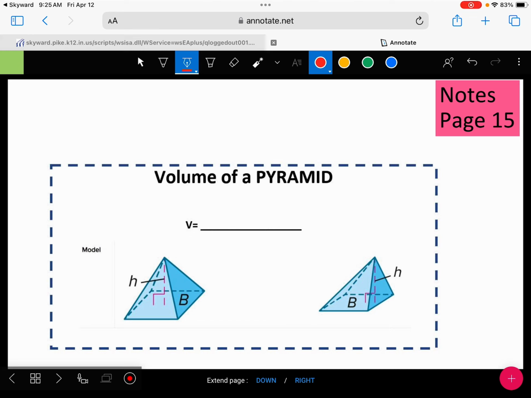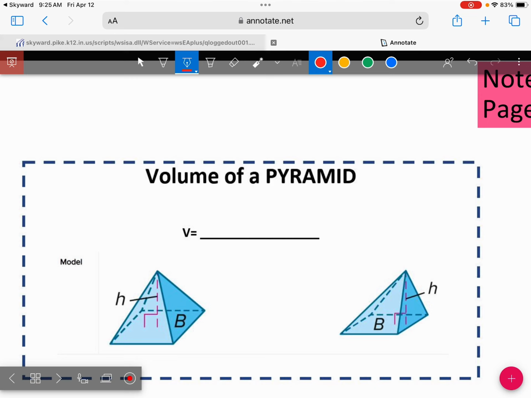Formula for volume of a pyramid is 1/3 base times height. So there's actually 2 different ways you can write this. You could say 1/3 base times height, or if you want to, you can write it as a fraction and just say base times height over 3.